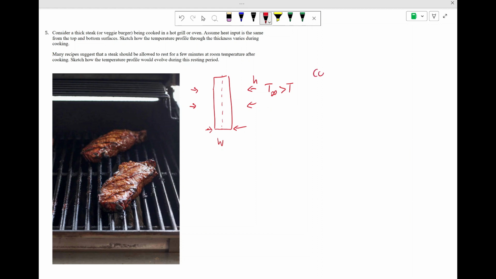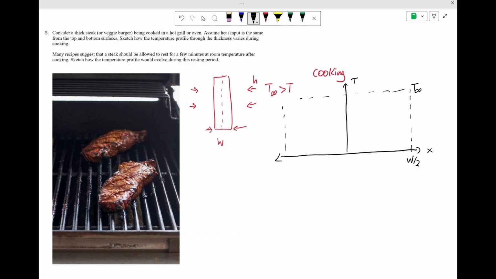So let's sketch this out here. Okay, so during cooking, if we were to draw the temperature profile here, so here is x, here is T, we'll draw up here T, W over 2, and then over here negative W over 2.